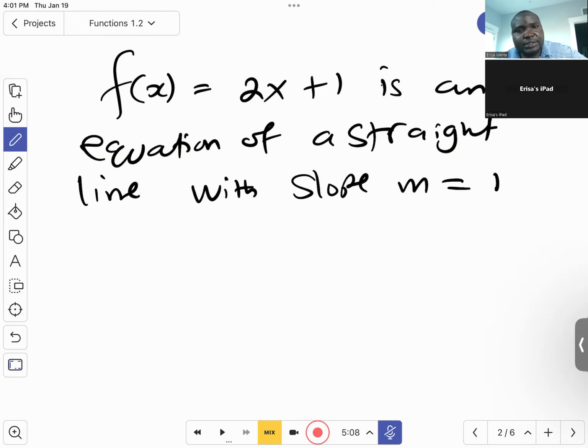And we know that this line will be defined for all values of x.